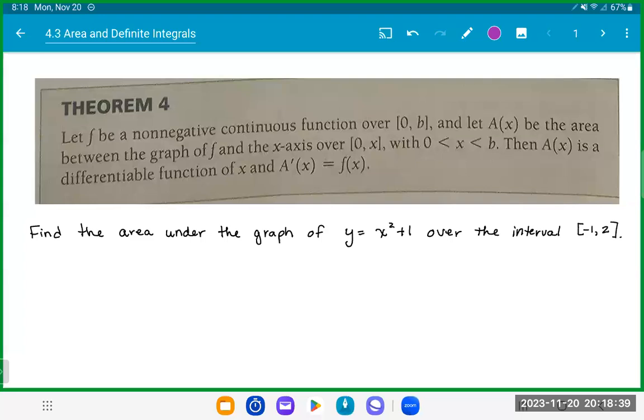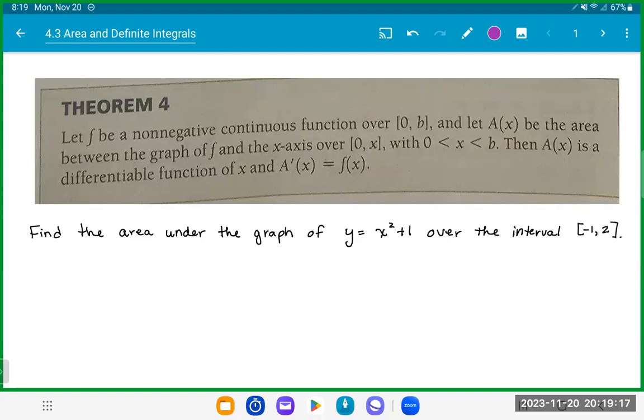Okay. So first we have theorem 4, where it is saying if we let some non-negative continuous function over the interval from a to b, we can evaluate that and determine what that area under the graph is. Okay, so basically think of this as really the fundamental theorem of calculus.